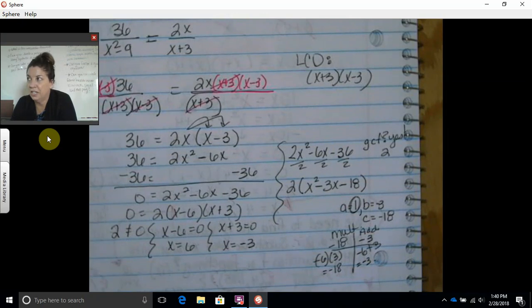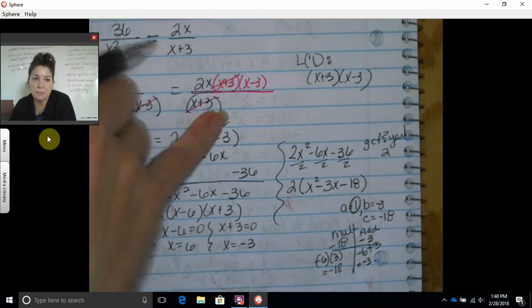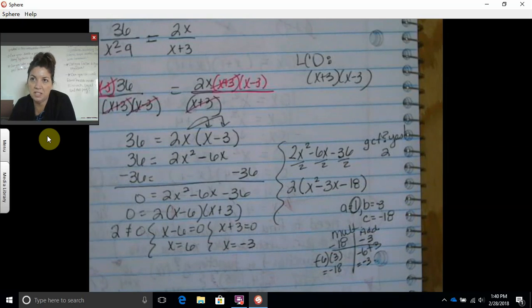Are either of those extraneous? If I substitute 6 in up here where I have everything factored, am I going to get a 0 anywhere in the denominator? No. If I substitute negative 3, I will, right? Because right here, negative 3 plus 3 is 0. When I multiply by anything, I'm going to get a 0.